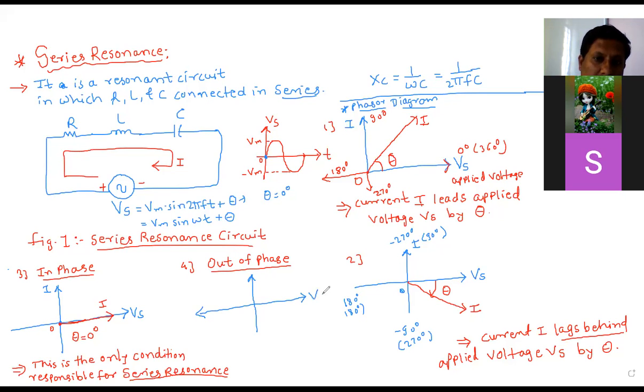So this is Vs and this is the current I. So out of phase means what? Anyone? What should be the phase difference if the word is out of phase? Phase difference किती असायला पाहिजे थीटाचा?